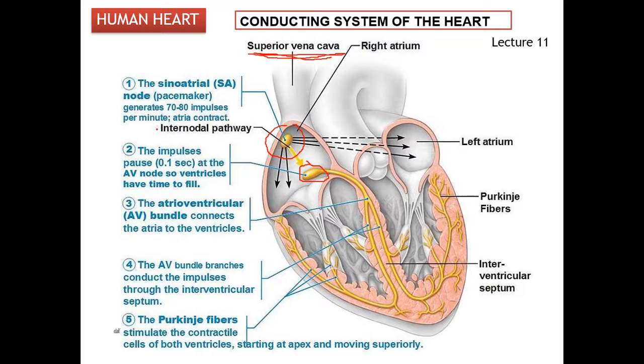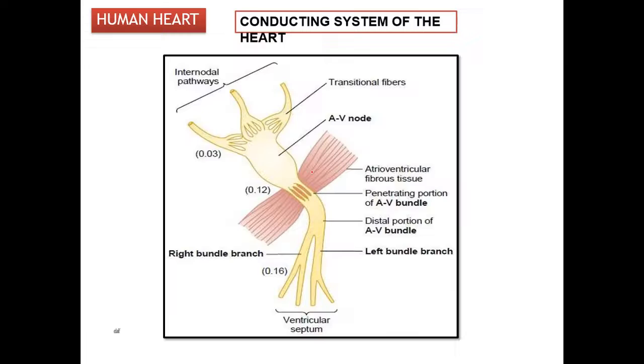The SA node passes the impulse, and this impulse travels through the different internodal paths, and from the SA node it reaches the AV node.